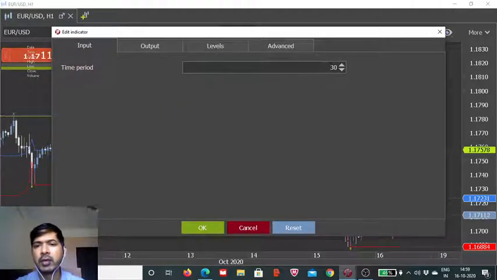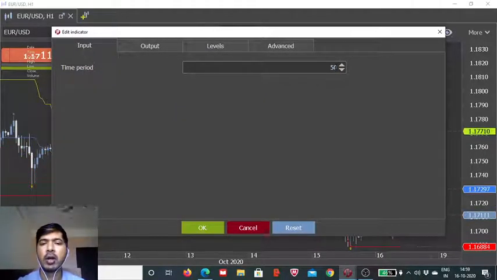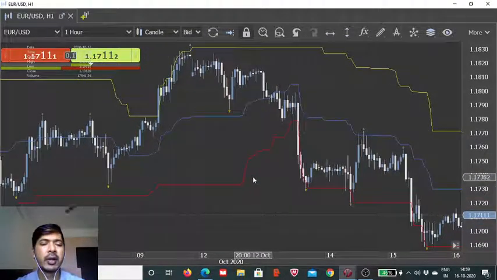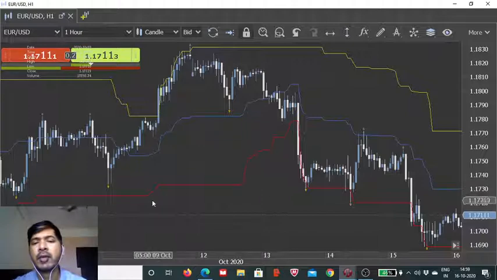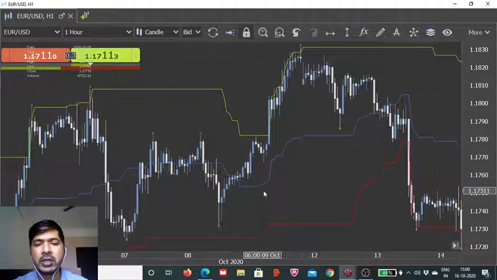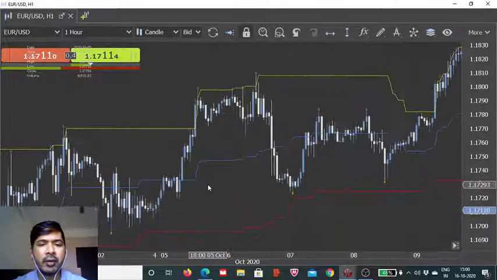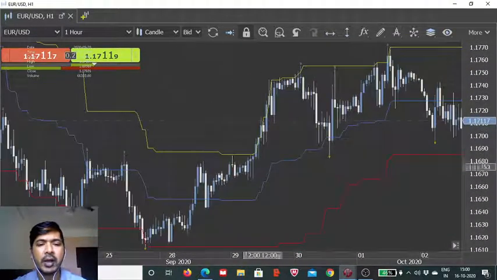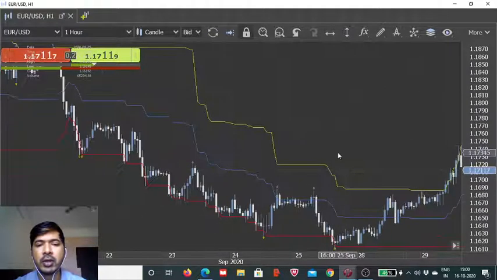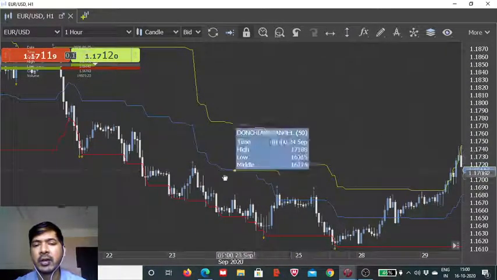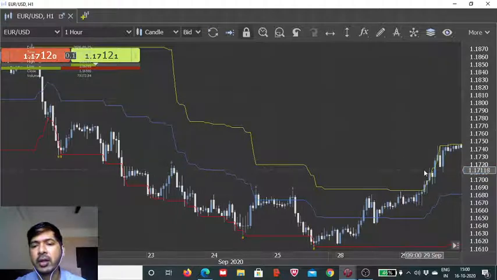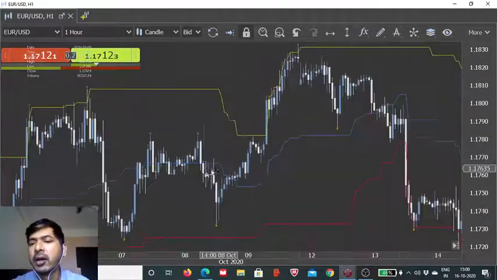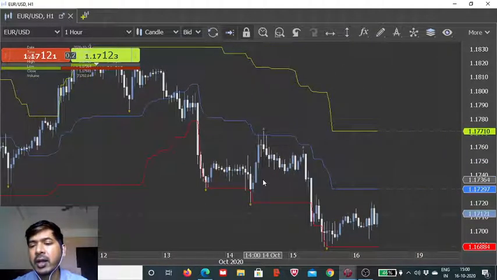If we want to make it 50, the choice is all ours, and the 50 candlestick period will look something like this, the channel formation. Whenever there is a sharp movement in the underlying instrument, we see the widening of this Donchian channel. If the price is range bound, then in such scenarios, we see the narrowing of these channels.